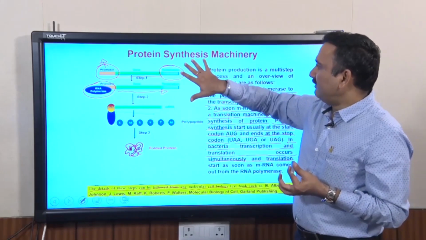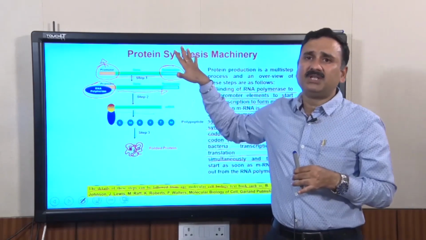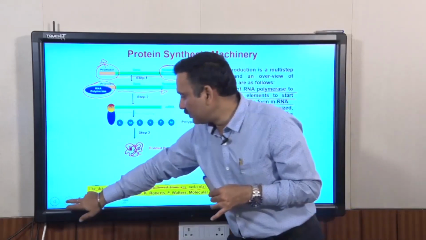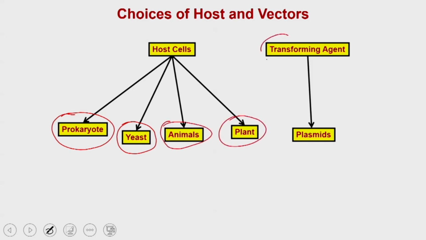So, now once we have discussed the protein synthesis machinery, which is present in different hosts, what we have discussed so far is that you have the prokaryotic host cells, and you have the eukaryotic host cells such as yeast, animals and plants. We also have the transforming agents which are complementary to all of these host cells.